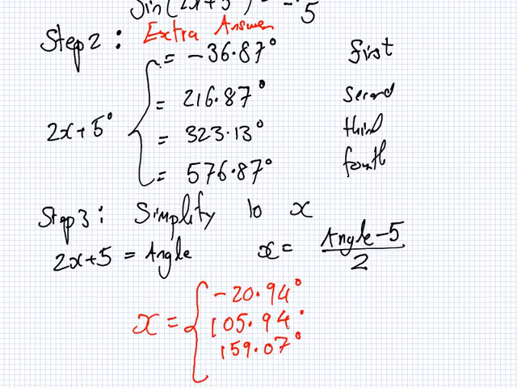And 576.87 minus 5 divided by 2, and we get 285.94 degrees. So that was step 3.